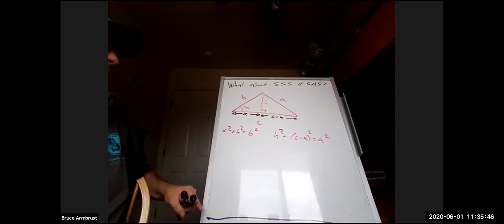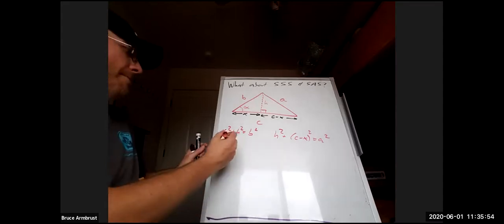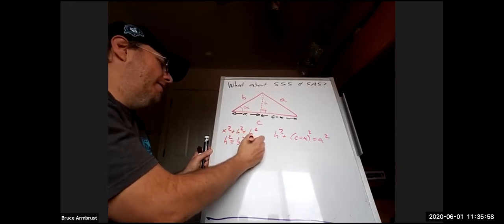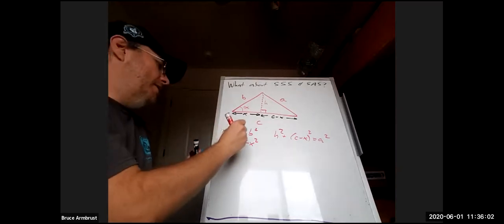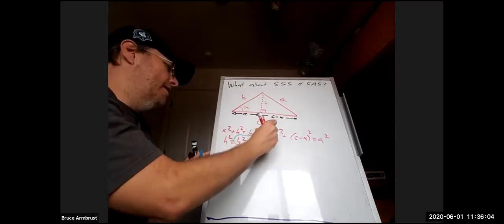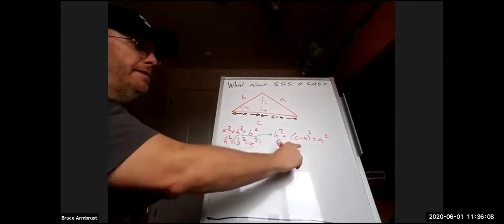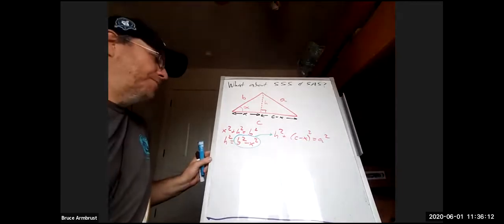So I've got a lot of extra letters in here. I've got h's, I've got x's, I don't want any of that. So I'm going to start replacing them. Like this first one, if I solve it for h squared, that's equal to b squared minus x squared. So I'm going to take all of that and just fire it in over here. At the same time, I'm going to multiply out the (c minus x) squared.